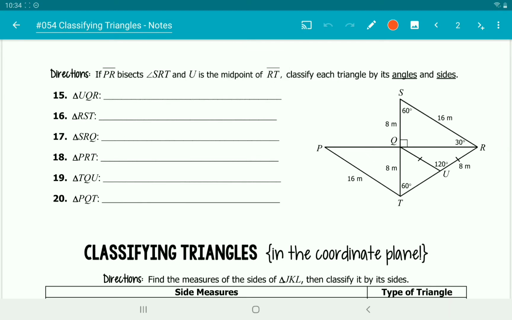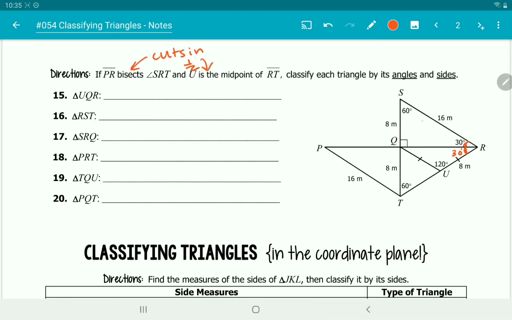It tells us that PR, this big line here, bisects, so cuts in half, perfectly, SRT. So these 2 parts are the same, so that one's 30, so this one's 30. And U is the midpoint of RT, so again, cuts it in half.